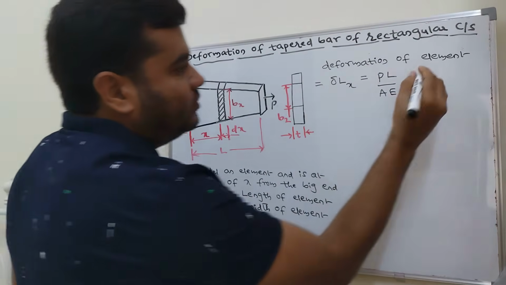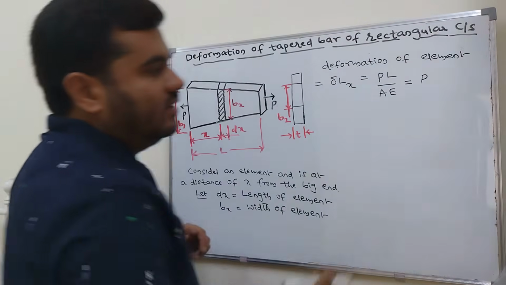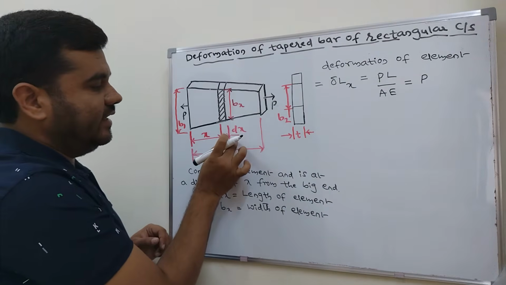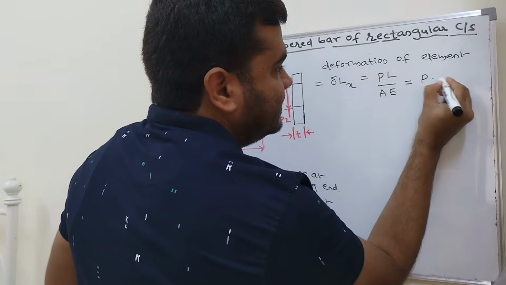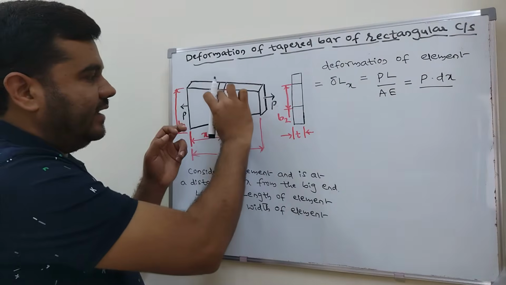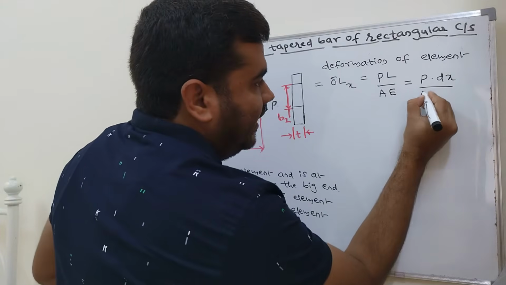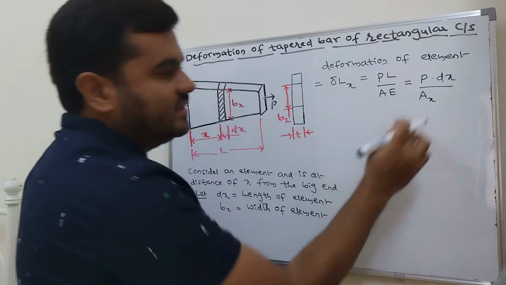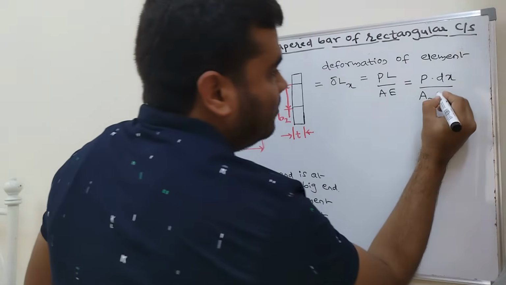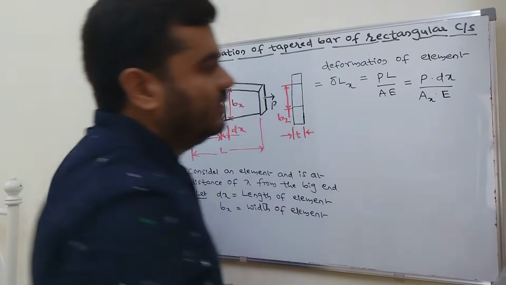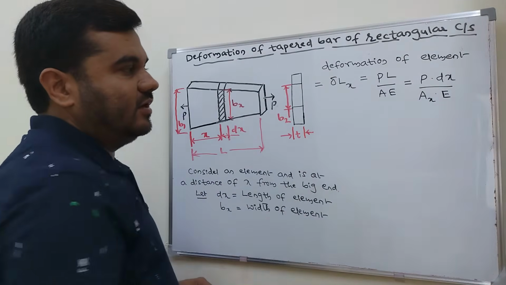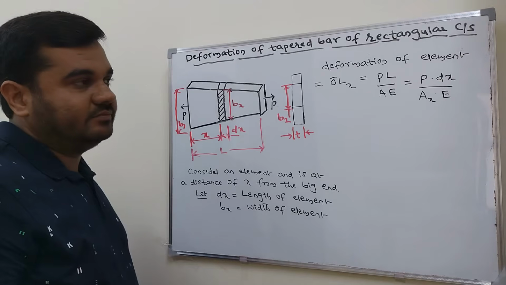P is applied load as usual. What is L here? L is length of the element. It is dx. That is dx divided by the area of the element, I'll call it A suffix x. Then Young's modulus is constant. So this is the formula for the deformation of the element.